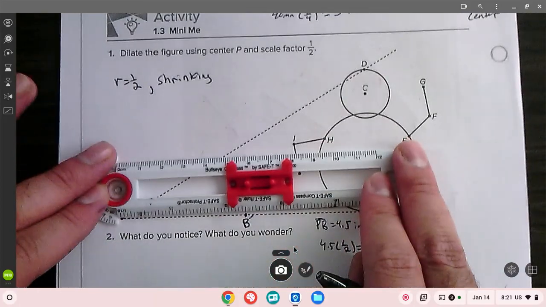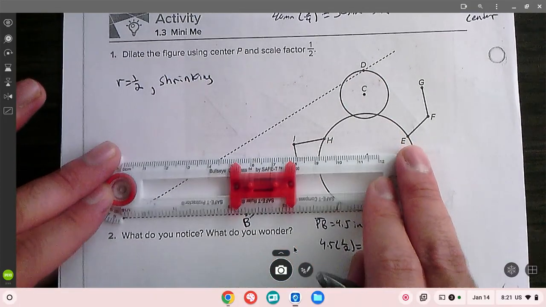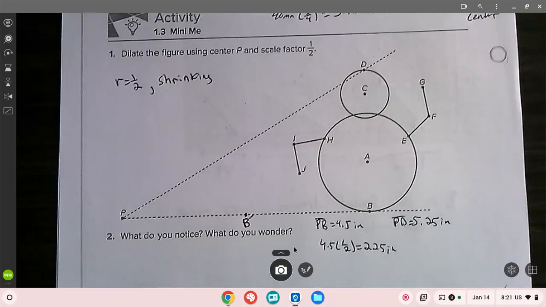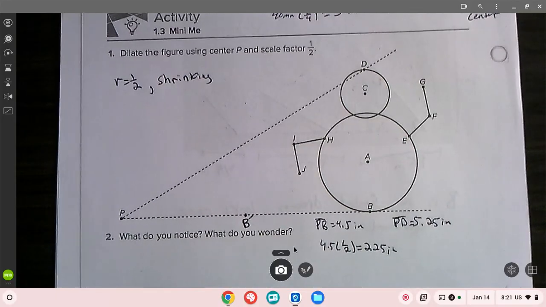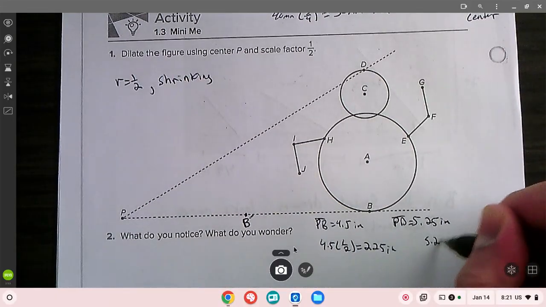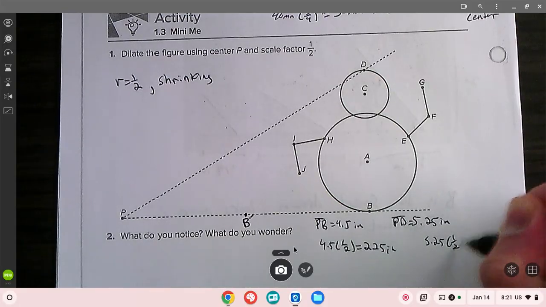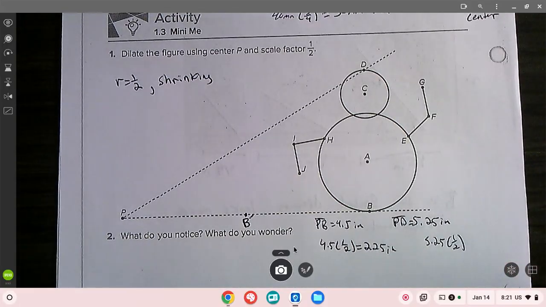Right here, 2.25. All right, so now our D is 5.25. So what is 5.25 times 1/2? It can't be 2.7. It would be 2.6. It's not 2.6. Here, I have a calculator on my phone. We'll use that. These decimal divisions are getting kind of out of hand.